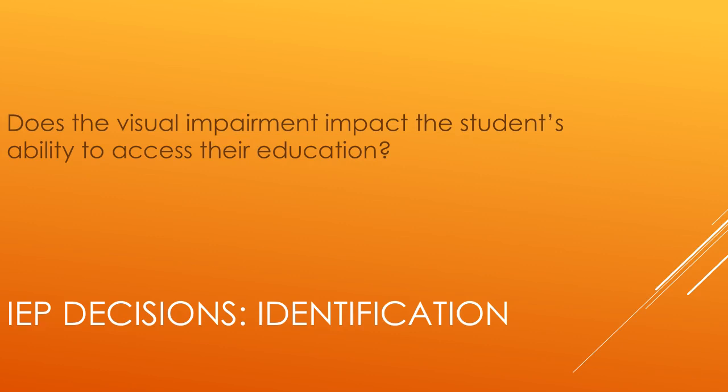So I ask myself, does the visual impairment impact the student's ability to access their education? This is huge. So we do that through assessment. Really, if the child cannot benefit from instruction in compensatory skills, then we don't have a job. And so this is a very important question that we have to ask ourselves very early on.